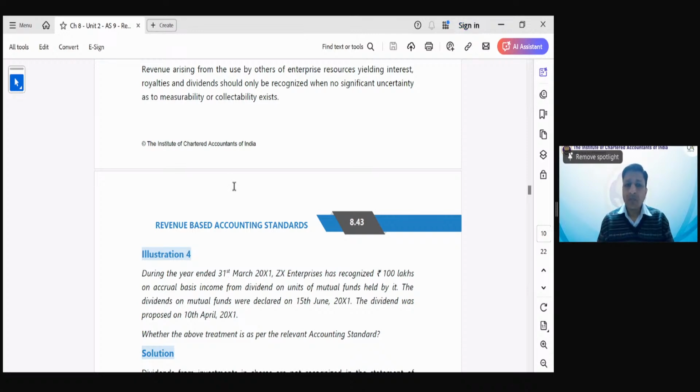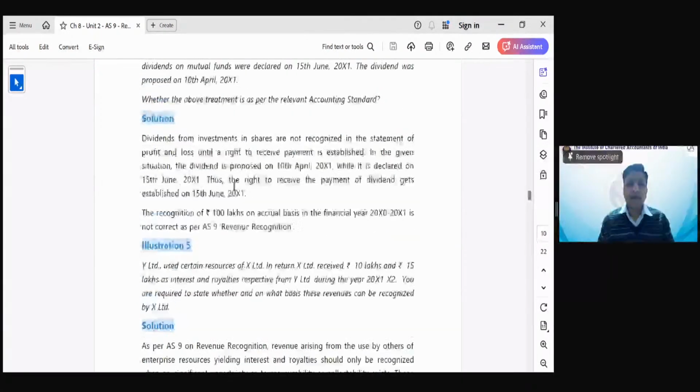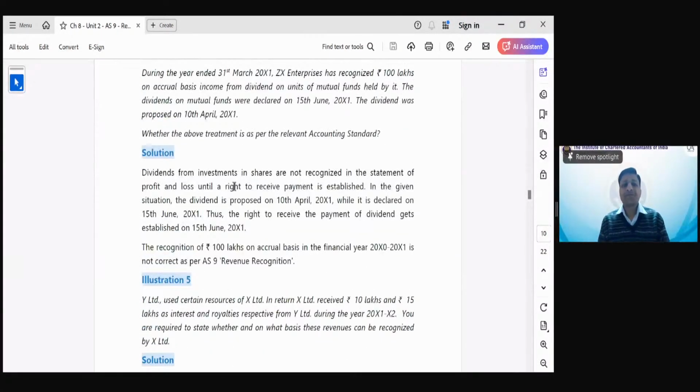All right. One more example. Illustration 5. Y Limited used certain resources of X Limited. In return, X Limited received rupees 10 lakhs and rupees 15 lakhs as interest and royalty respectively from Y Limited.